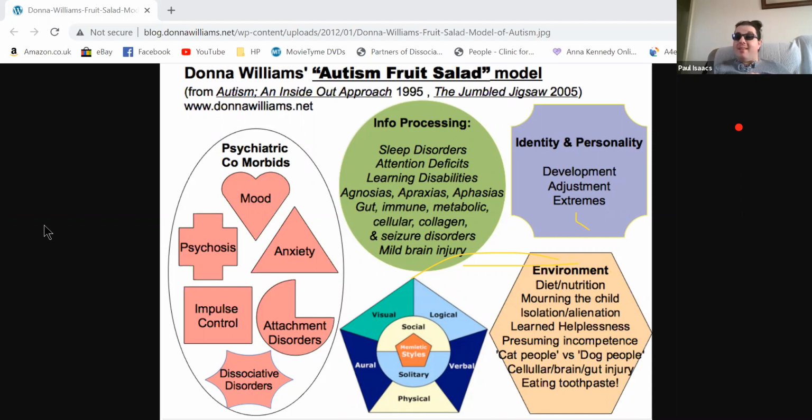That is an amazingly short period of time for the brain to start reacting. So you can imagine chronic isolation, chronic alienation, how that is going to affect the person's mood, the person's identity, the person's drive.